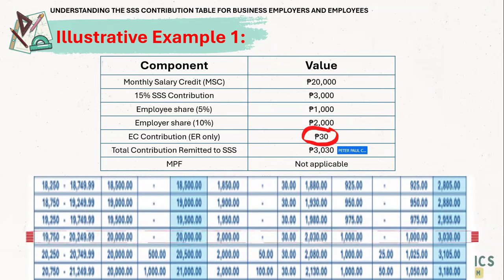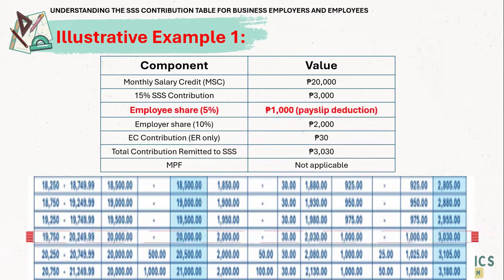Now, the 30 pesos is your EC contribution, and this is paid by your employer. So the total contribution that will be remitted will be 3,300. But not everything here will appear on your pay slip. So only the 1,000 pesos will appear on your pay slip. So this will be your deduction, which is your employee share.